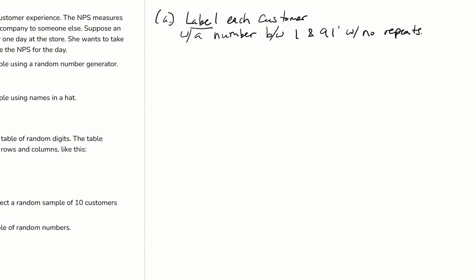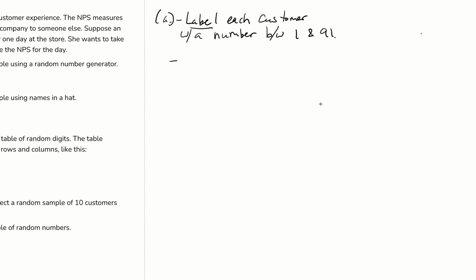Obviously you can't have any repeat. Oops, I got ahead of myself, I was talking about the random number generator. So we label each customer with a number between 1 and 91. Then we're going to use a random number generator to select numbers between 1 and 91 with no repeats.